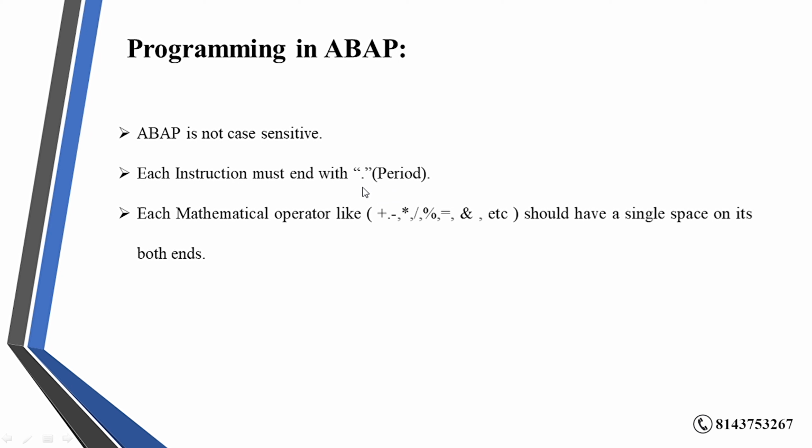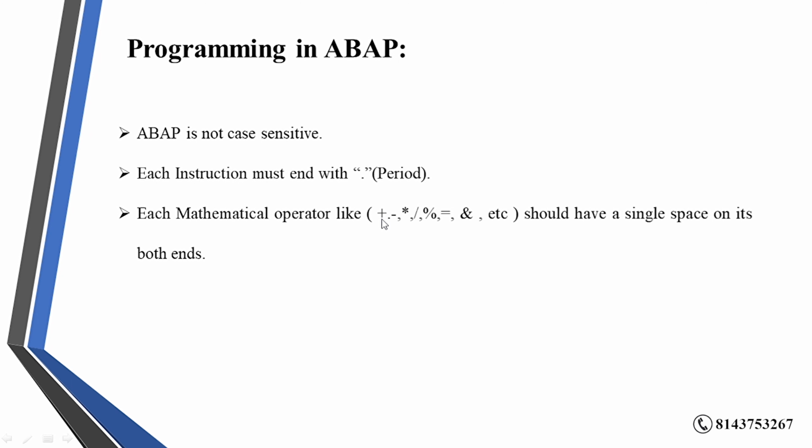Okay. So like other languages, all the mathematical operators are used in ABAP, but here one condition is there: we need to provide a single space before and after the mathematical operator.